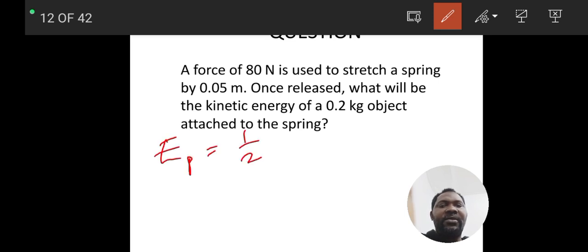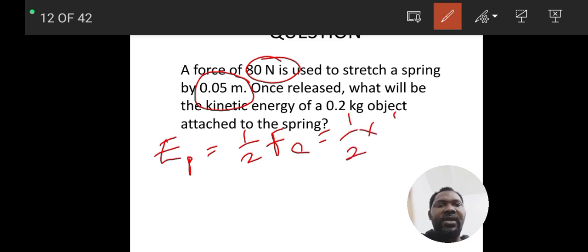We can use the formula half Fe since we are given the force used to stretch, and we are also given the extension. So we can say that this is equal to half times F is 80, then times 0.05, okay? And that is going to give us 20 joules.